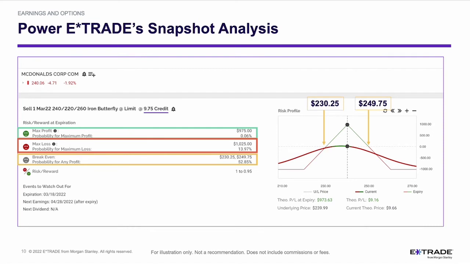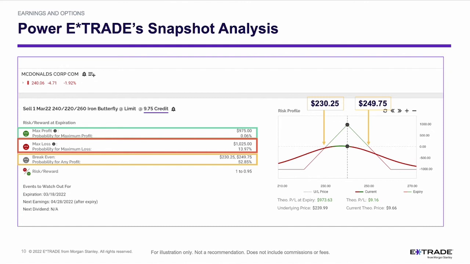Over the next couple of days while we have this option trade on, provided the stock stays higher than 230.25 and lower than 249.75, there is going to be some profit in the trade. Again, it's unlikely that it's going to end right at 240.00 and we're going to end with 975, but the closer that it stays to that 240, the more of that 975 that we're going to create.